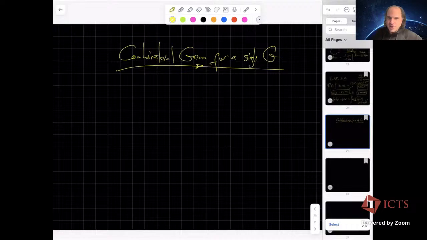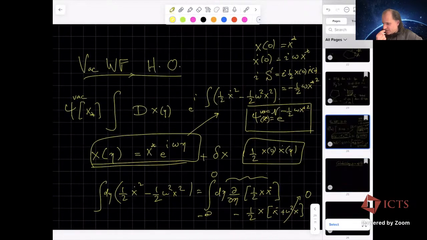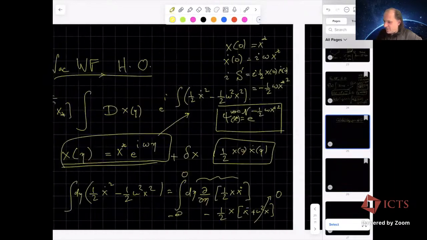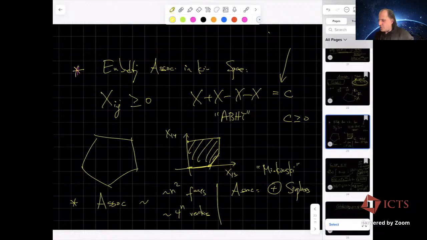I mentioned it last time, but just a quick historical remark: back in 2017, we did talk about an object associated with a single graph that computed the wave function. Actually, maybe I should have said something already in the standard story of the Associahedron.